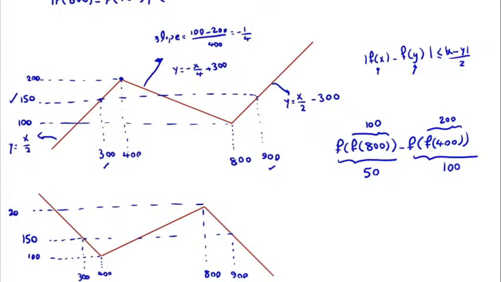So if you have this function y equals negative x over 2, and for 400 it will be negative 200 plus 300. And for this one, it will be y equal to, again, negative x over 2. For 800, it will be negative 400. And if you want to reach 200, it will be negative 400 plus 600.